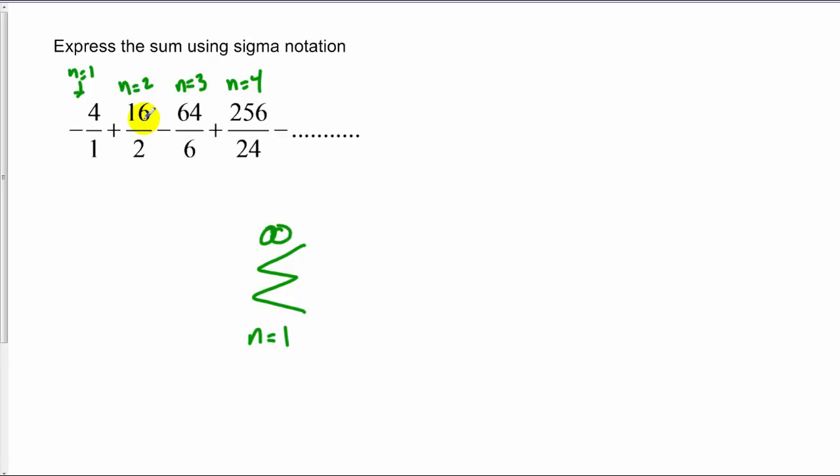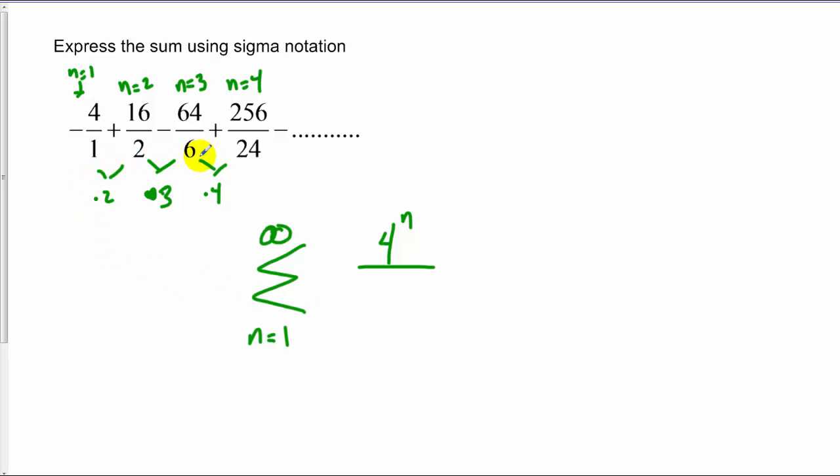So you'll notice on the top, these are powers of 4. 4 to the first, 4 to the second, 4 to the third, 4 to the fourth. So we have 4 to the n as my numerator. The denominator, 1, 2, 6, is kind of tough to see, although I can point out that this is multiplied by 2, multiplied by 3, multiplied by 4, and that, in a sense, is a factorial problem because this is 2 times 1, 3 times 2 times 1, 4 times 3 times 2 times 1.